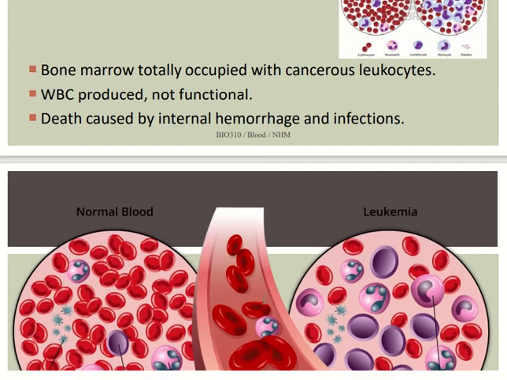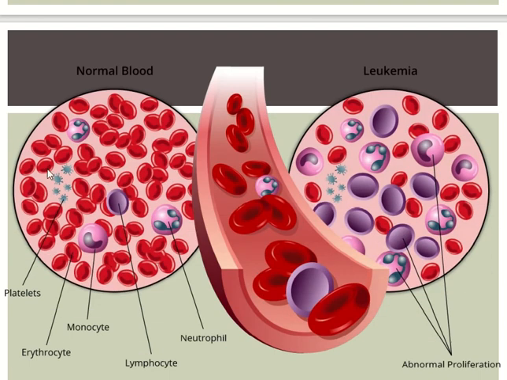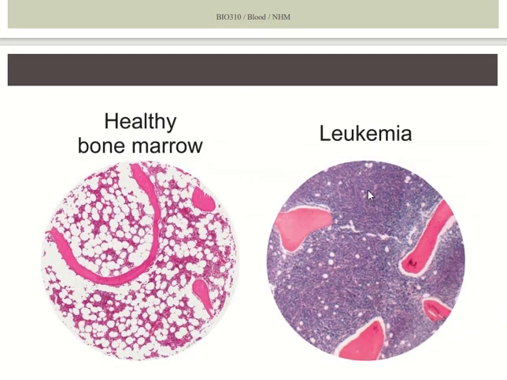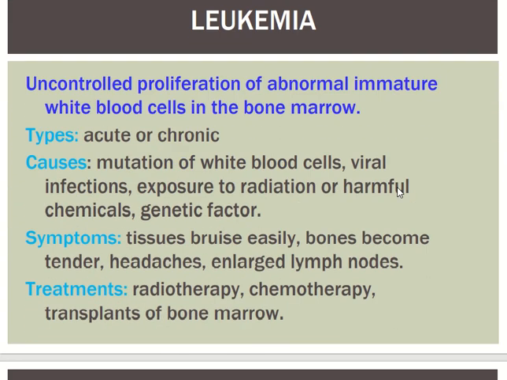As you can see here, this one is normal blood. For a leukemia patient, they produce a lot of white blood cells, but they become abnormal and malfunction. This one is healthy bone marrow, and this one is leukemia.